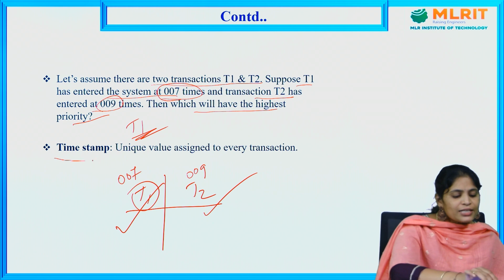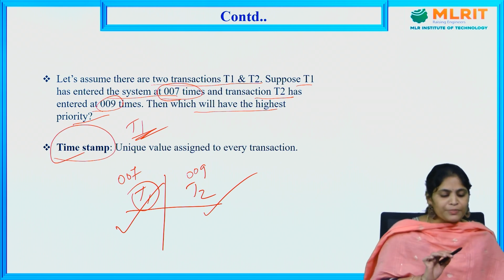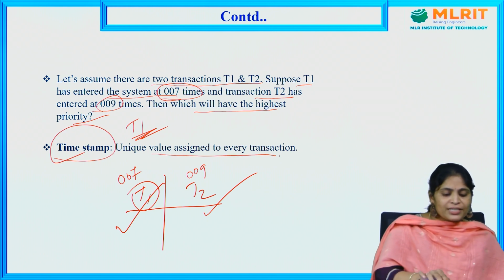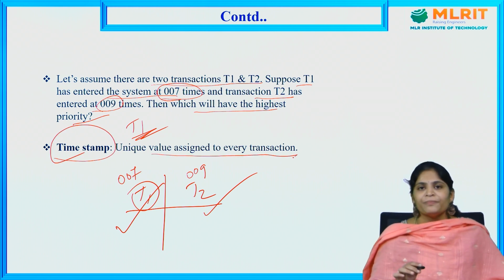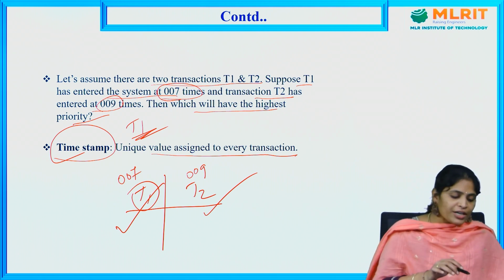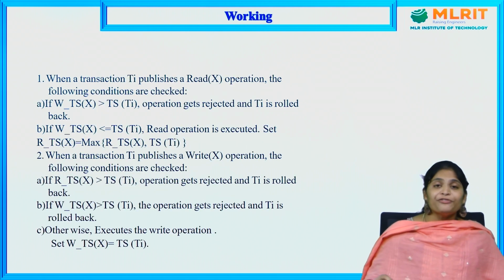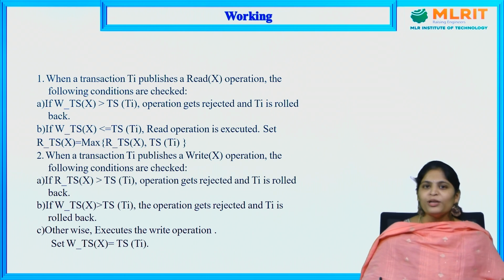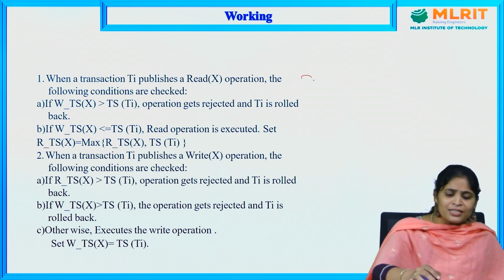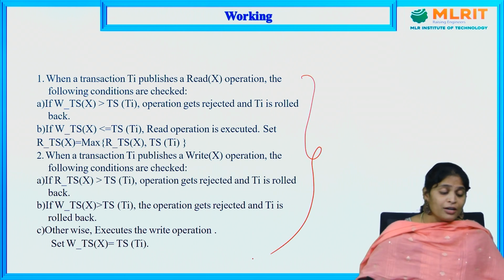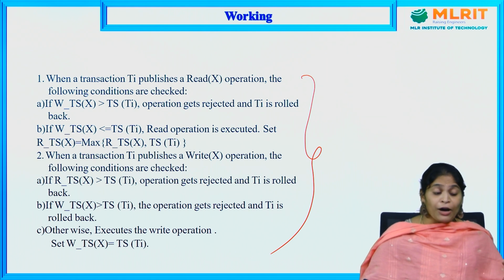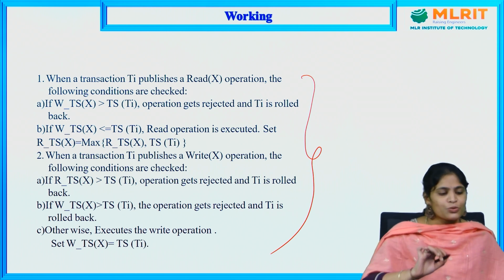What is a timestamp? A unique value assigned to every transaction, that we call a timestamp. What is the working? Here some formulas are there. By seeing this, we may doubt how we can remember these kinds of formulas. It's very simple.